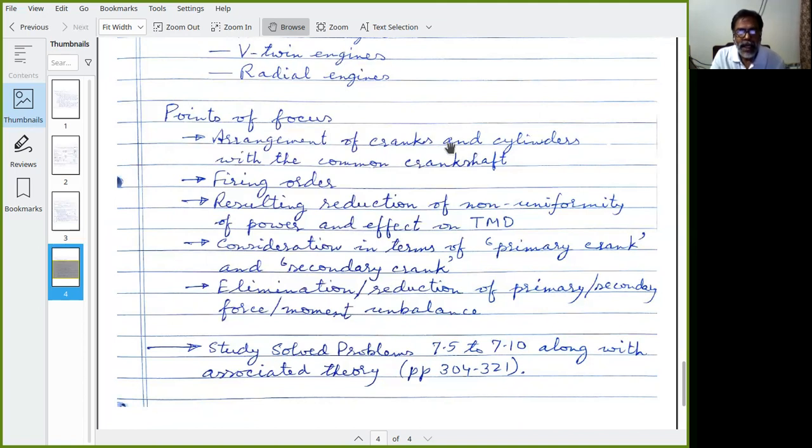And intimately connected to that is the firing order, in which order you fire the different cylinders. Of course, you can fire only when the compression is complete, where the air-fuel mixture is compressed.